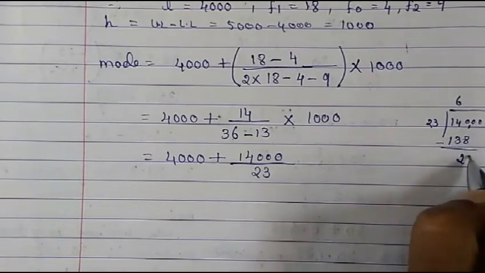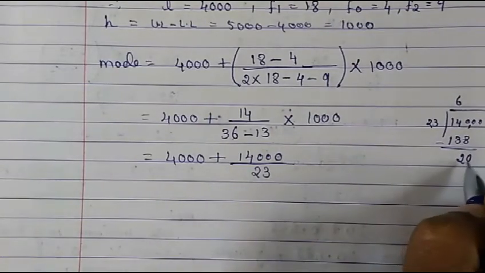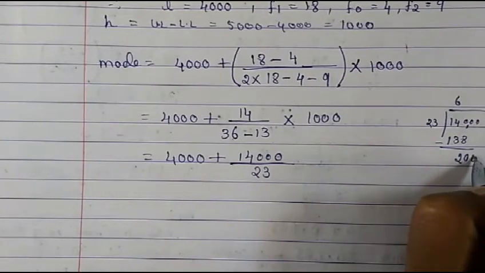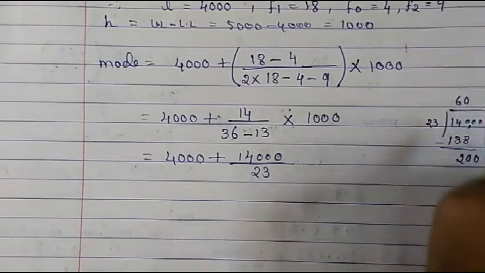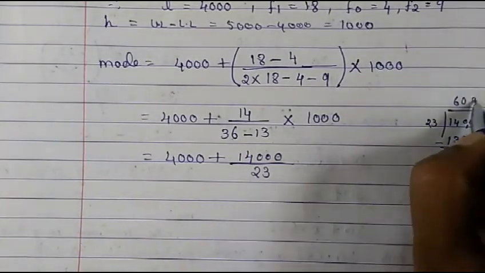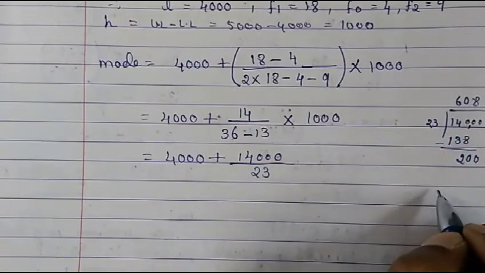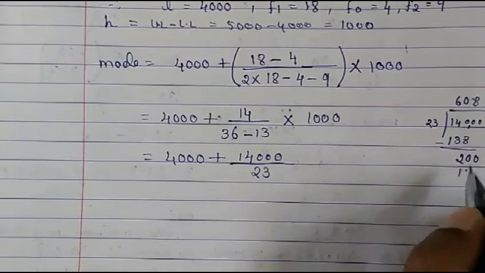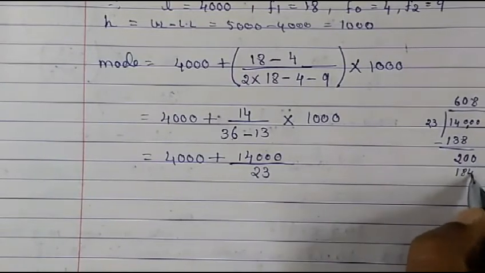Then this 0 comes down. Then 20, with 20 it is small, so we will bring one more 0 down. So therefore we will add one more 0 here. Now 8 times 23 will give us 184.